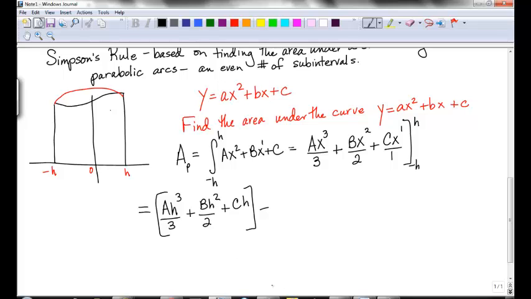Remember, it's f of b minus f of a. So now you have to substitute in the negative h everywhere you see an x. So we'd have A times negative h cubed over 3 plus B times negative h squared over 2 plus C times negative h.